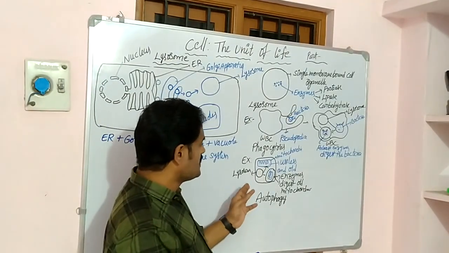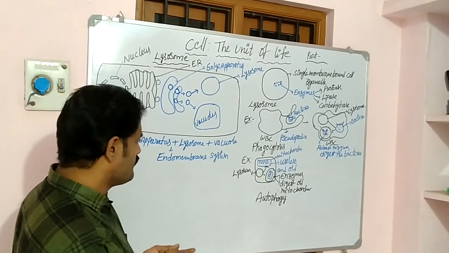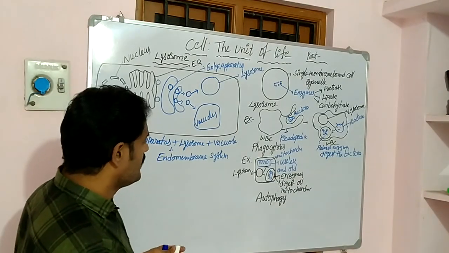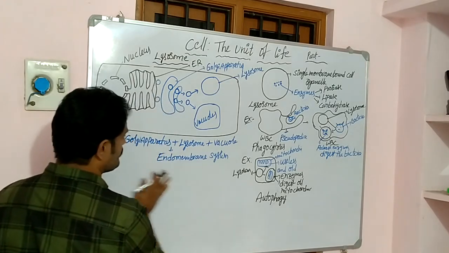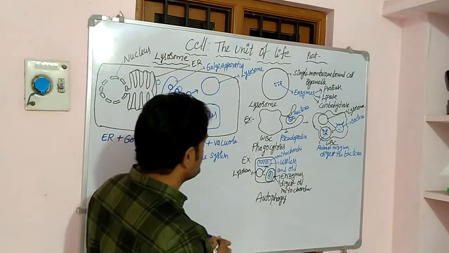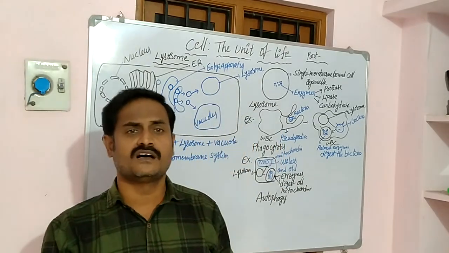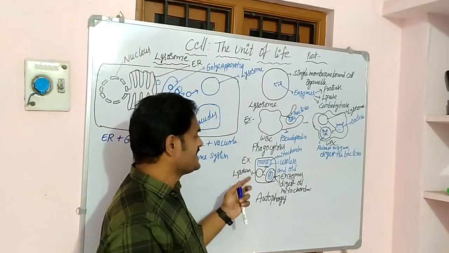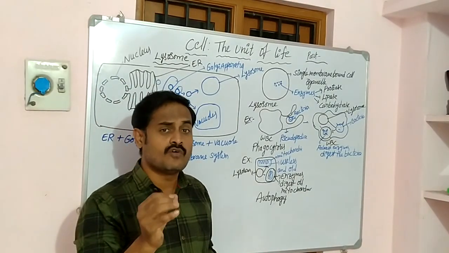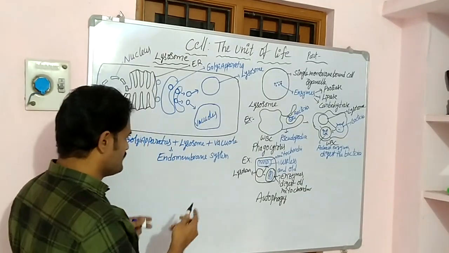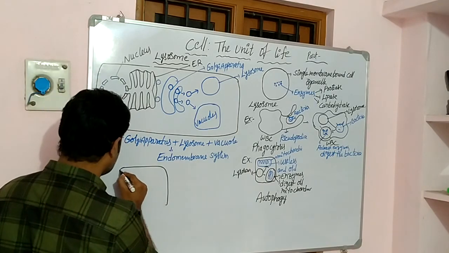Then coming to one more example. See, when we look at some of the other cells in our body, what kind of cells? Old and worn out cells. For suppose this is one cell in our body.